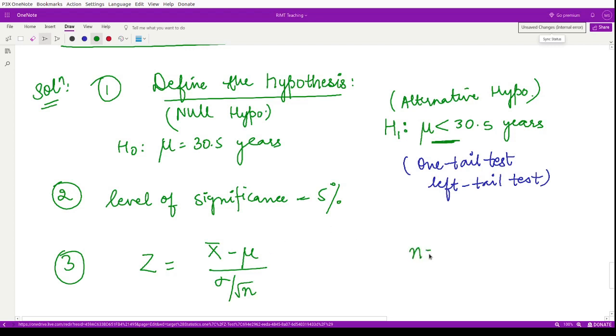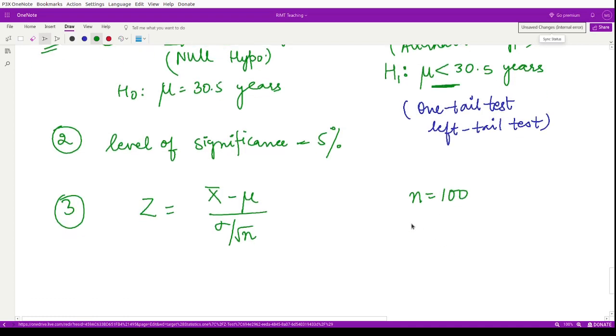So you have n with you, which is 100, the number of elements present in the sample. You have the value of mu, which is equal to 30.5. However, you do not yet know what is x bar and what is s, the standard deviation for the sample. But you know that sigma is equal to s here because the sample is large.